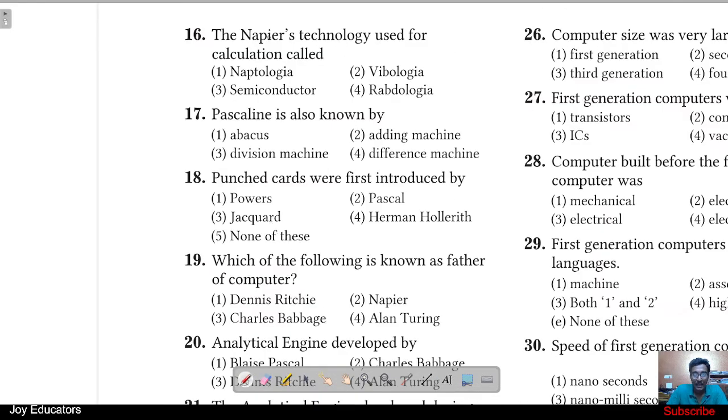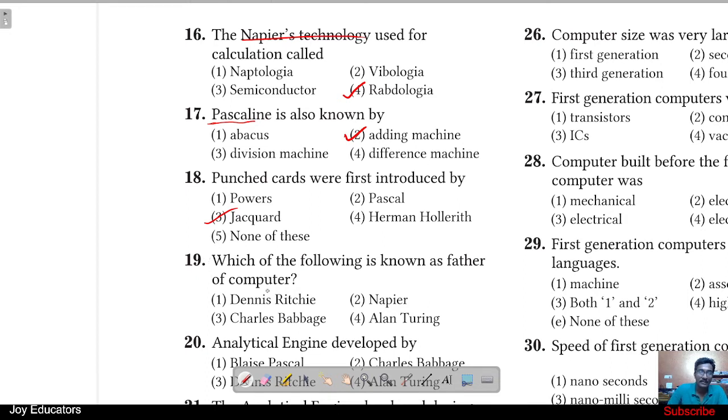Okay, so the technology used for calculation is called rhabdologia. Okay, it's rhabdologia. And Pascaline is also known as the adding machine. Okay, so punch cards were introduced by Jacquard.